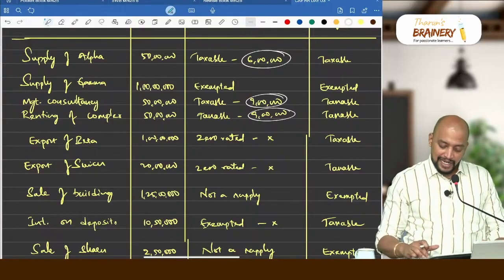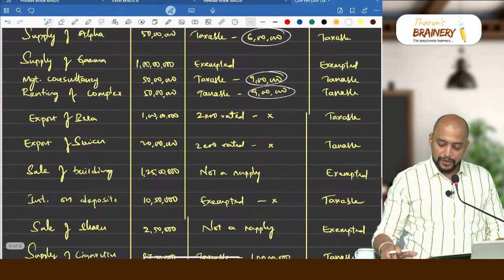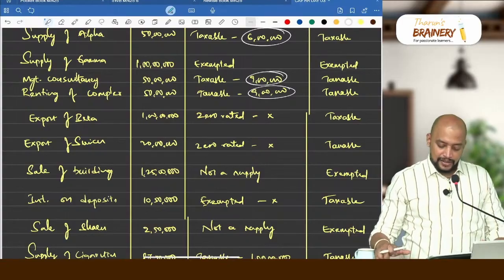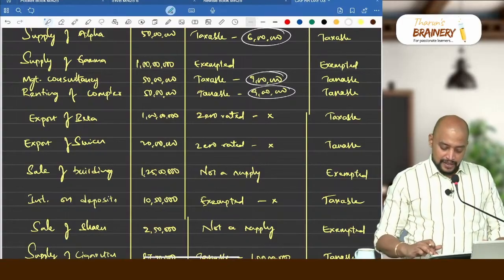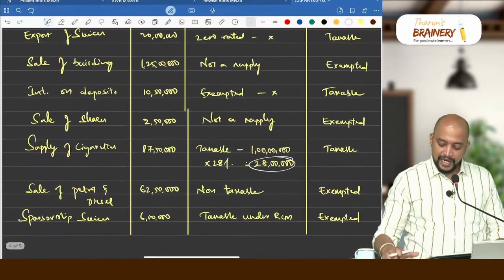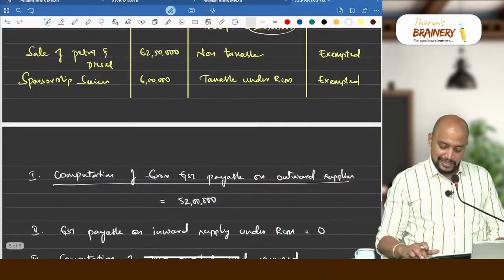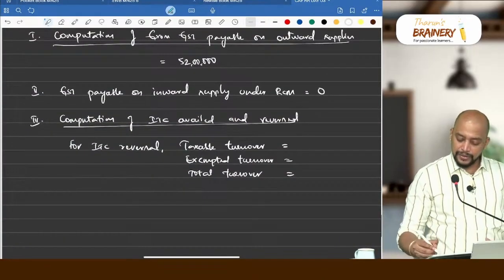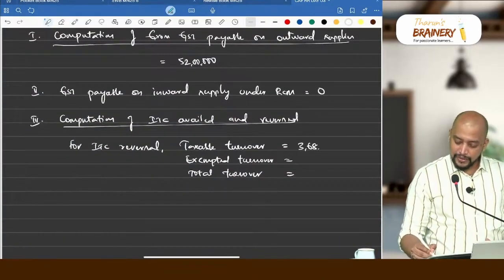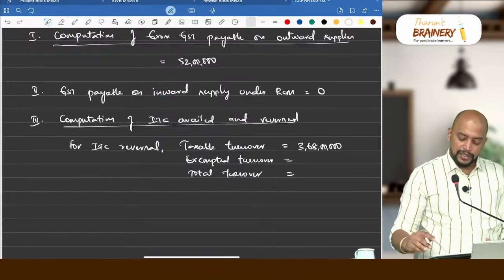So 1 crore 50 lakhs, then next 1 crore, then 20 lakhs. Thereafter 10 lakh 50,000, then 87 lakh 50,000. So 3 crore 68 lakhs is the taxable turnover.